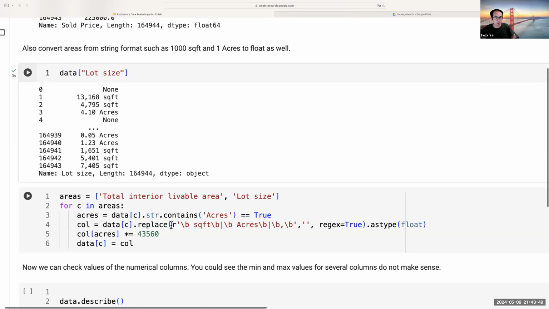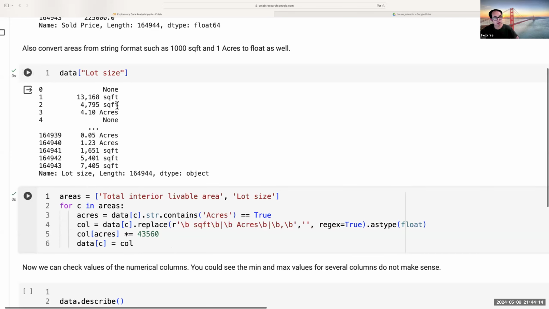Also, we need to remove those commas. We also need to remove those dots. We need to remove this comma. We also need to remove the square feet and acres text, so you replace them with empty. That's what you are going to get.